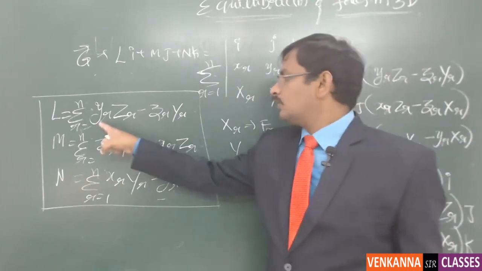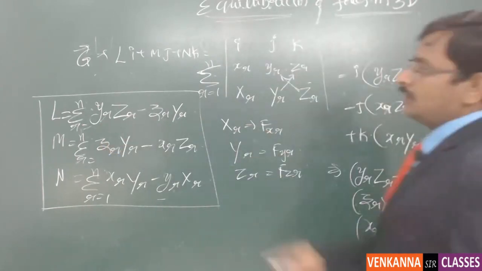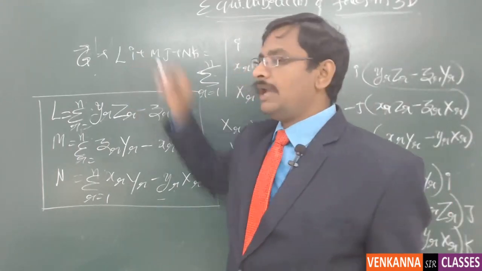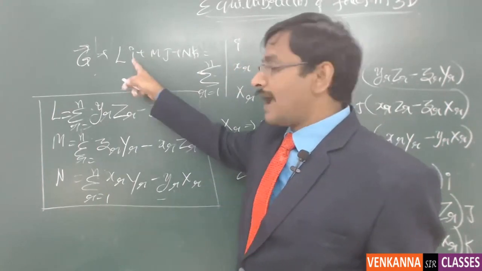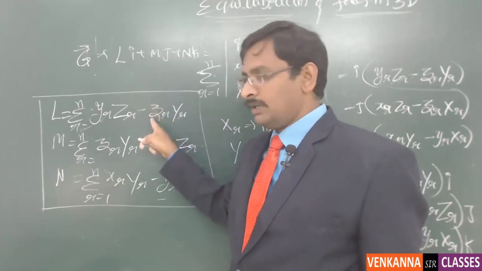Now here L is equal to the first component, which is the L part. If you notice, this is the I component. The I vector is nothing but the axis of rotation for the moment given by this part.